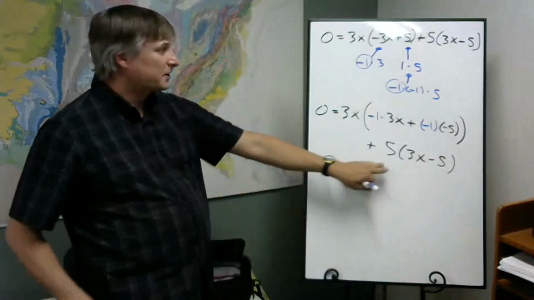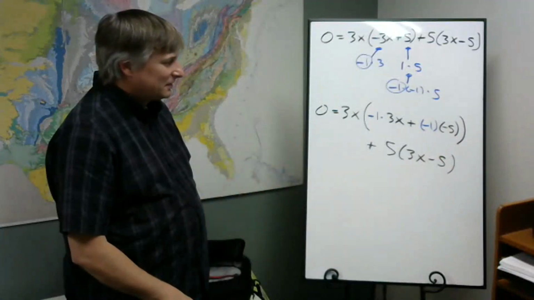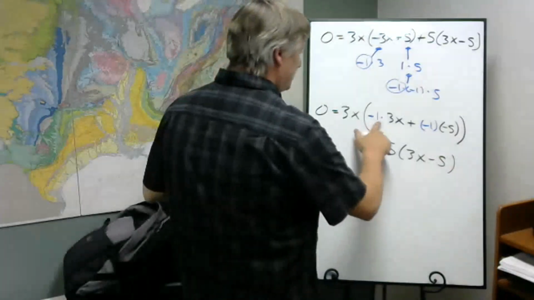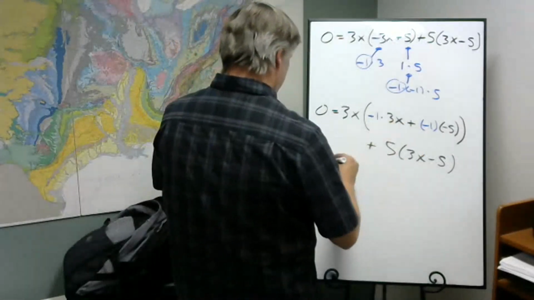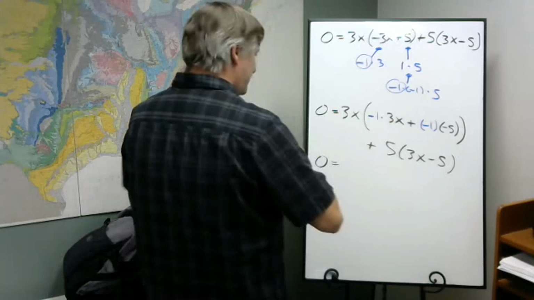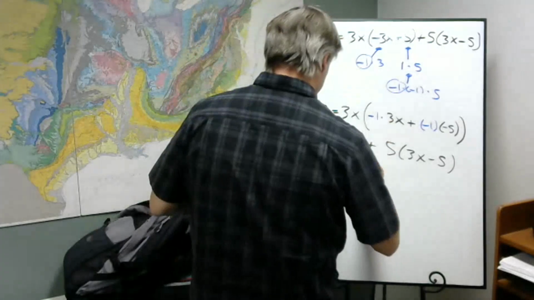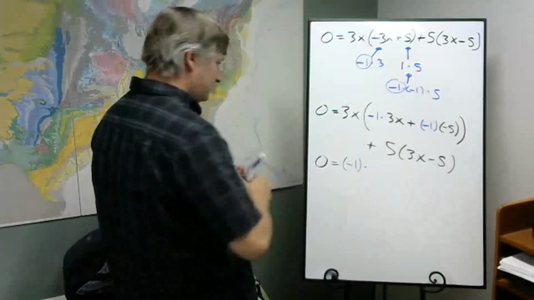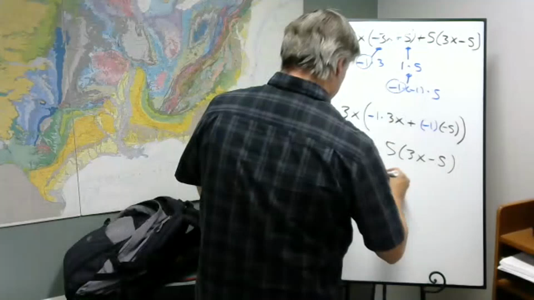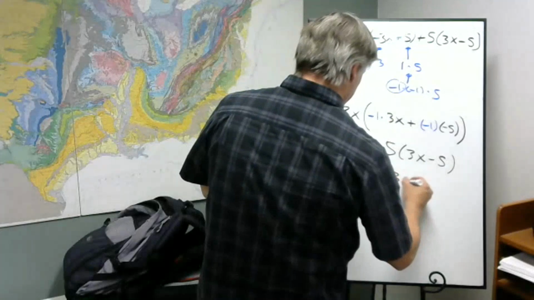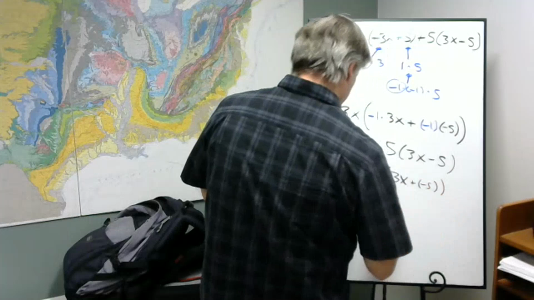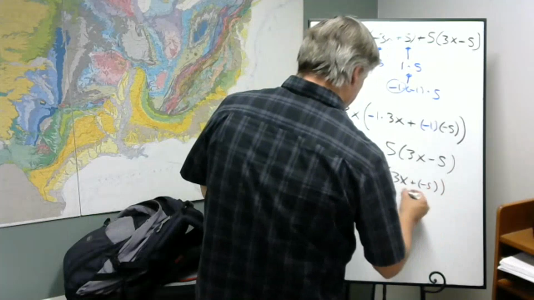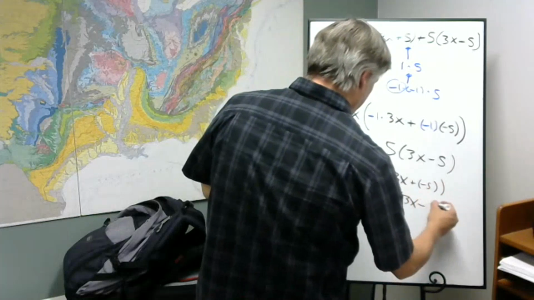We have what's left over here. So we can pull out that -1. And if we do that, we'll have -1 times 3x. And then we have 3x plus -5 plus 5 times 3x minus 5.